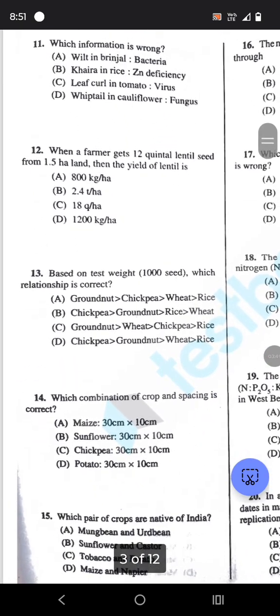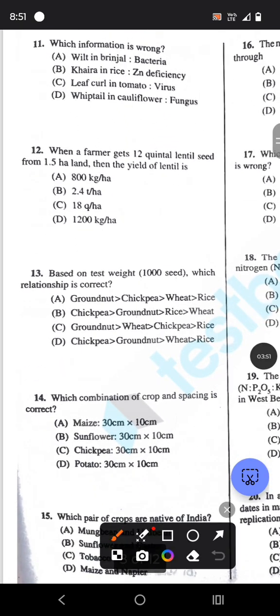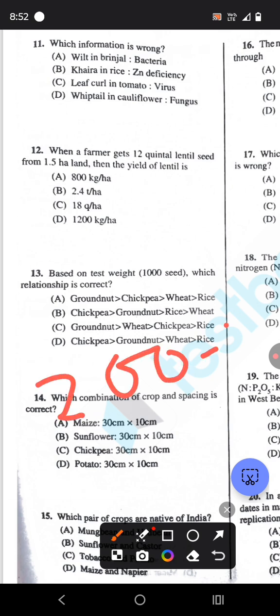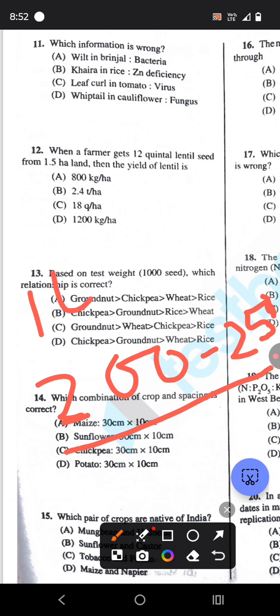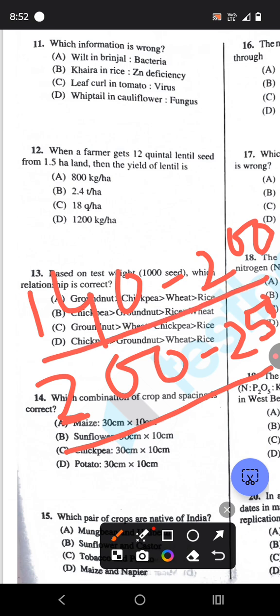Question number 13. Based on test weight, which relationship is correct? Groundnut, chickpea, wheat and rice, these 4 crops are mentioned. For groundnut the test weight is 200 to 250 gram. For chickpea the test weight is 140 to 200 gram.